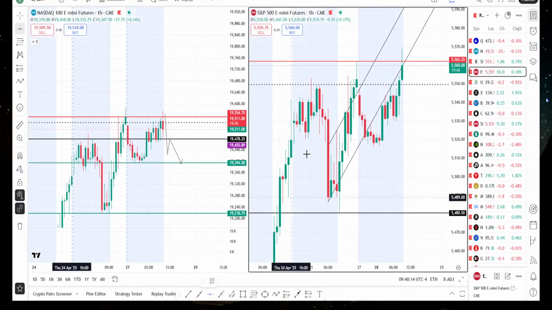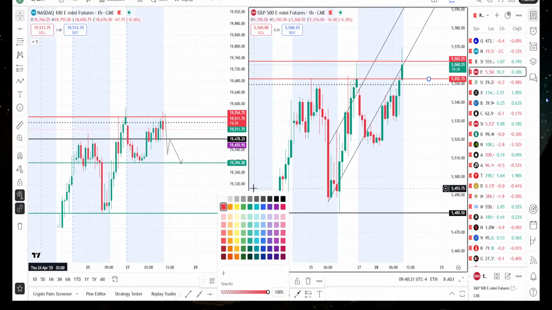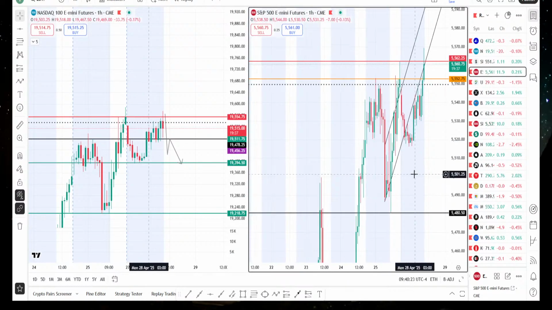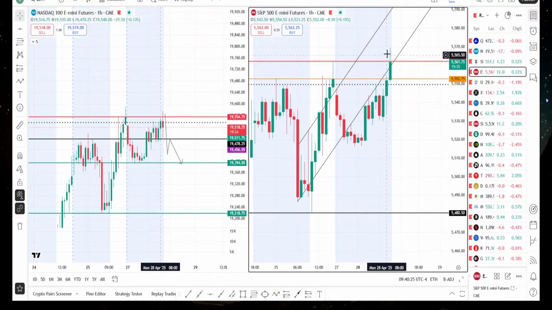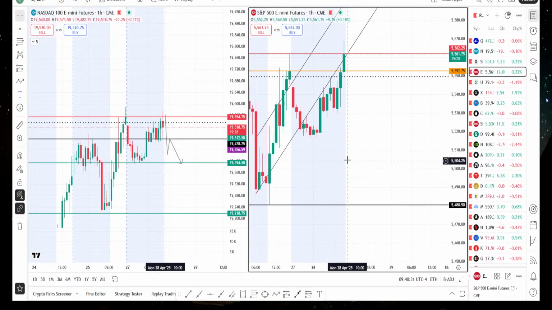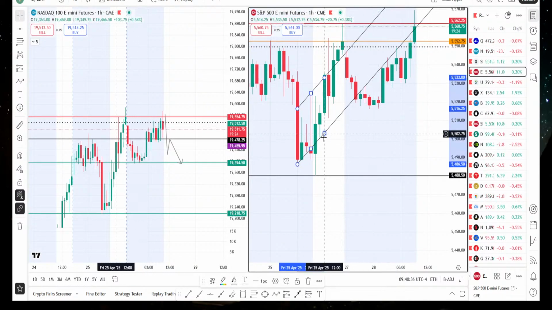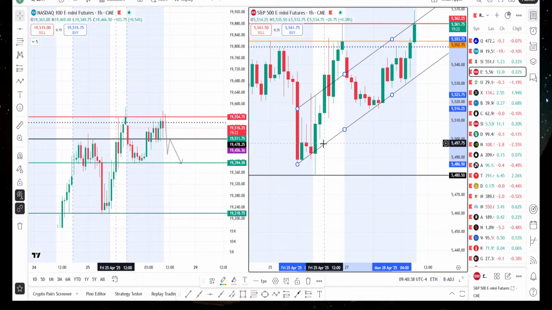Mark this as a key level here, because we could pull back and this can become support. See right there, perfect. And we have a trend line right here, so let's mark that up.